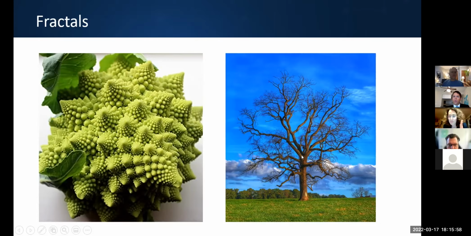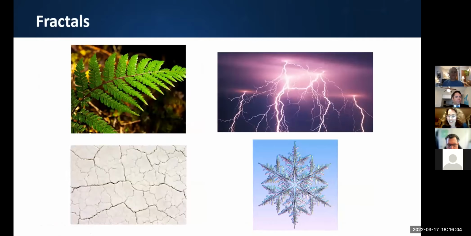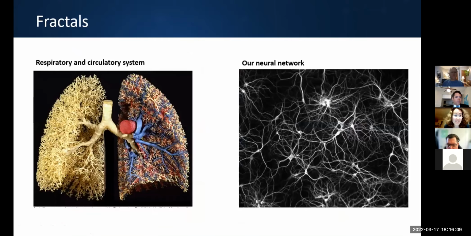Trees also, big branching into smaller ones, etc. I really love it. So I have many examples. But even our own respiratory and circulatory system, our brain, it all consists of fractals, which are branching into smaller and smaller parts, where we basically have a relatively small volume compared to a very big surface.